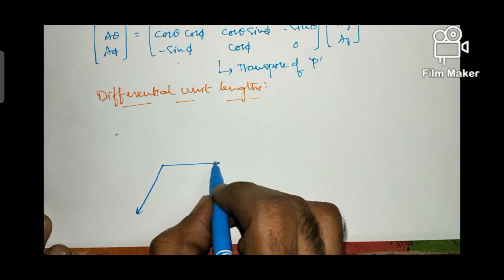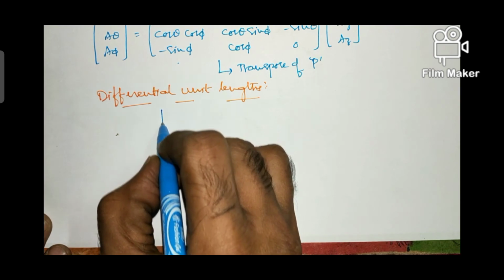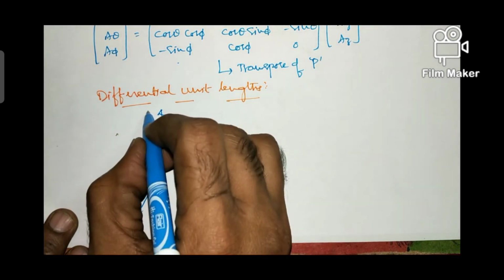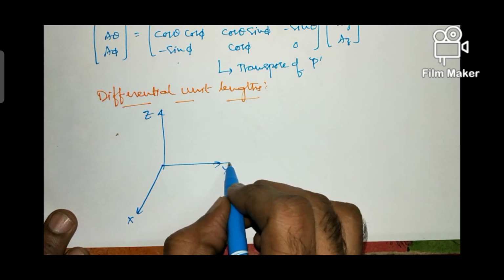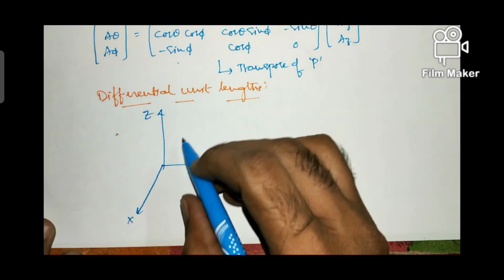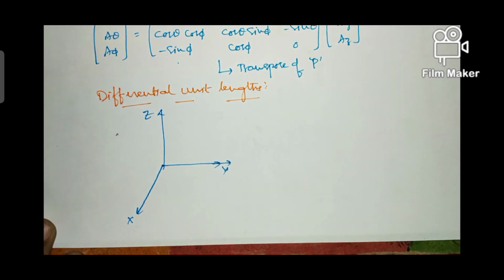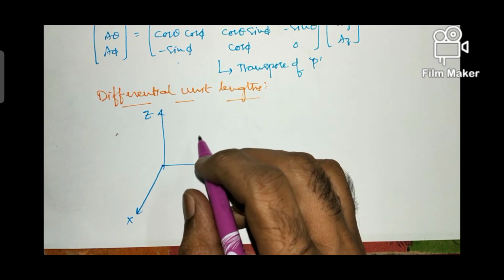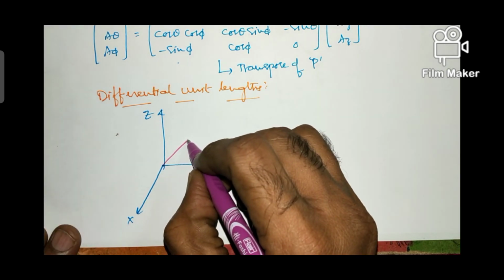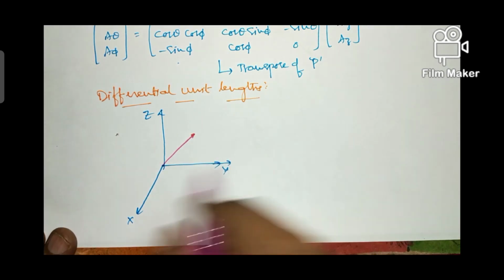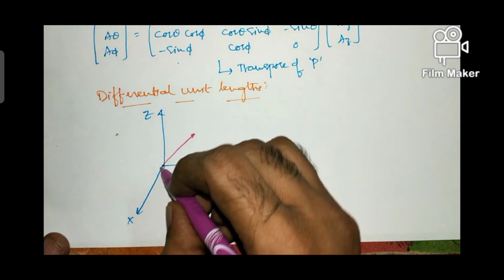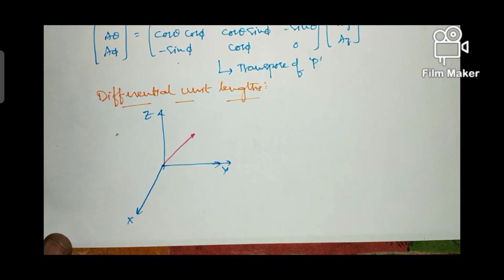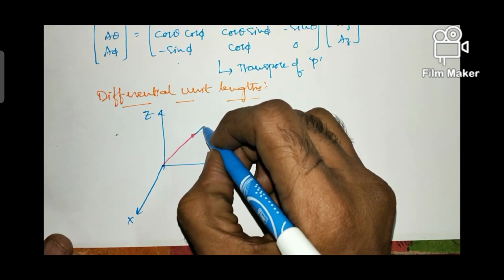First, let us consider a differential length, a smaller length dr along the radial line. Consider the radial line, and dr is the differential length along this radial line. This would be dr.